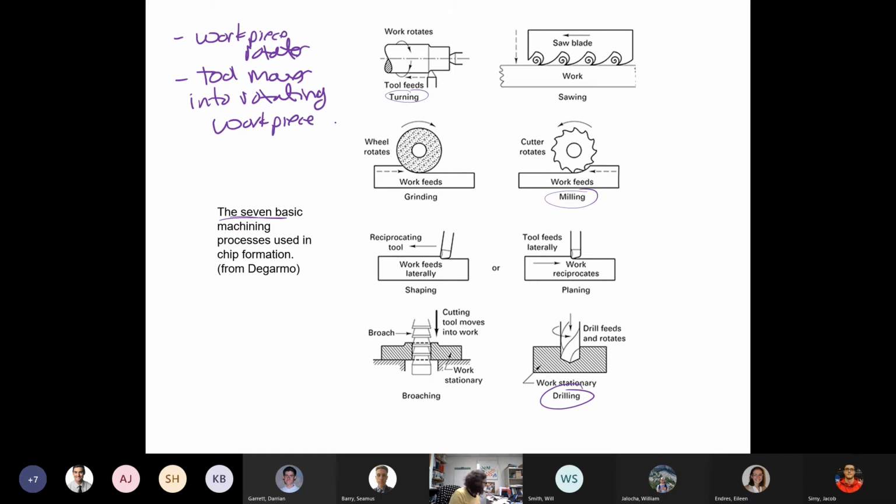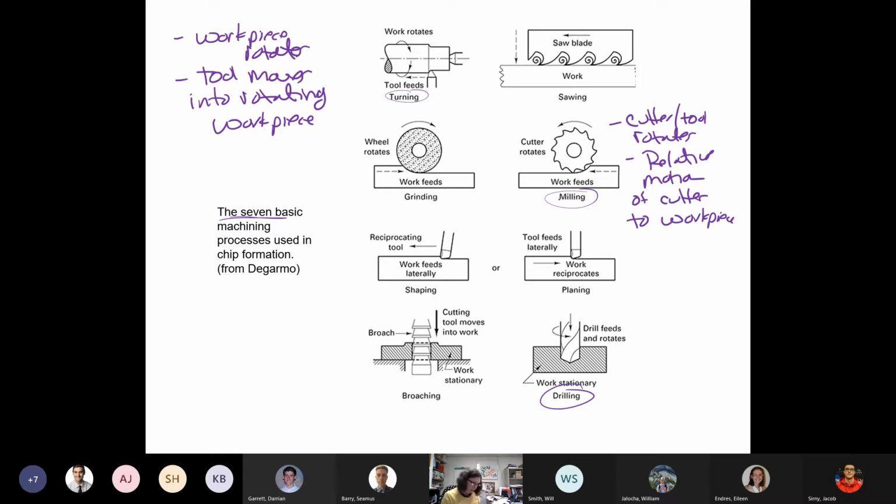In milling, the cutter or tool rotates, and we have relative motion of the cutter to the workpiece.